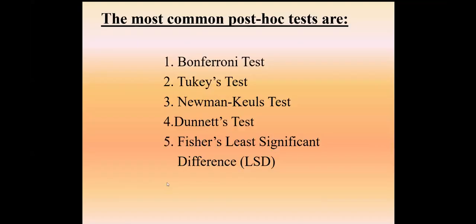Then I'm showing that in the computer programs, there are certain commonly used post hoc tests. I have just shown you the manual method of calculating this post hoc analysis. But in the computer programs, there are certain tools like the Bonferroni test, or Tukey's test, or Newman-Keuls test, or Dunnett's test, or Fisher's least significant difference test.